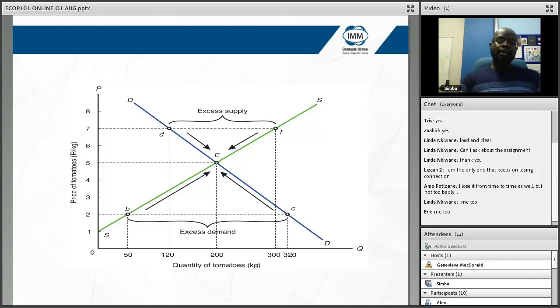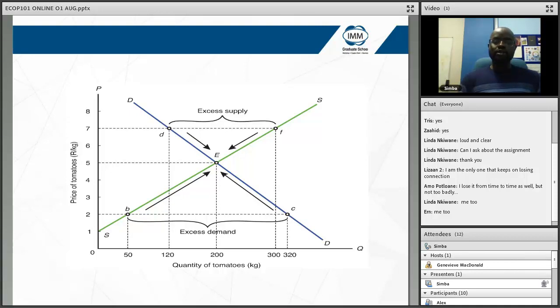If you look at a price, let's say the price of tomatoes is now 7 rand. Because it's a higher price, the consumers are going to demand less. So the consumers will only demand 120. But because it's a higher price, the suppliers are going to supply more. So they will supply 300 units. So we're going to have excess supply of 80 units, which is the difference between 300 and 120. So there is a market surplus.